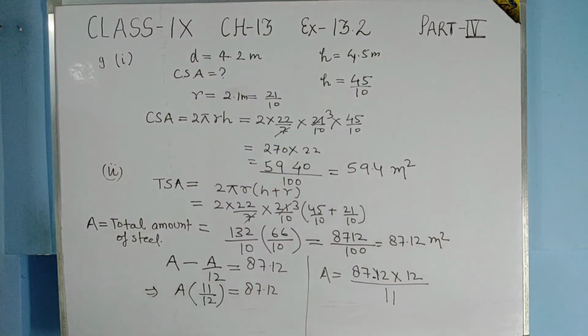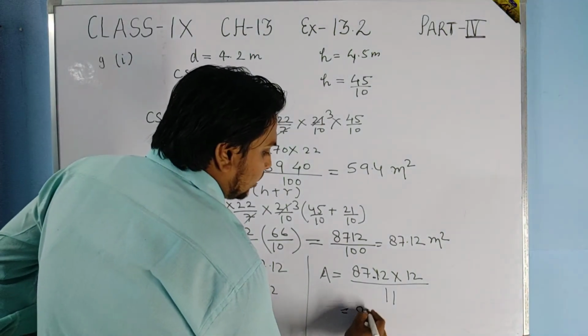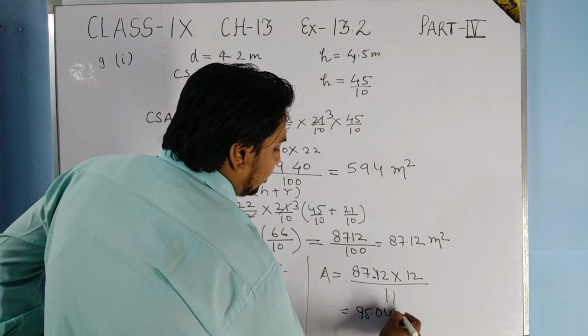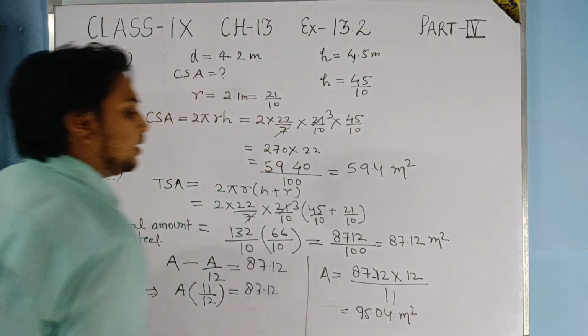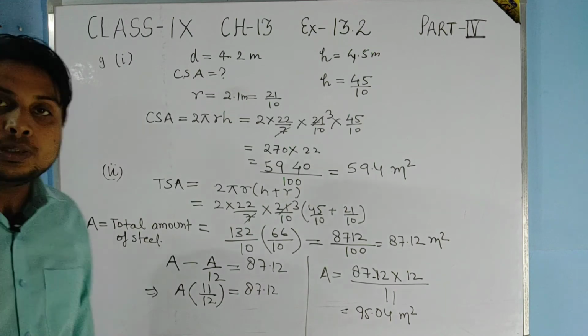When you solve this, students, you will get the result 95.04 meter square. I have checked it, so I have written directly that 95.04 will be the answer.